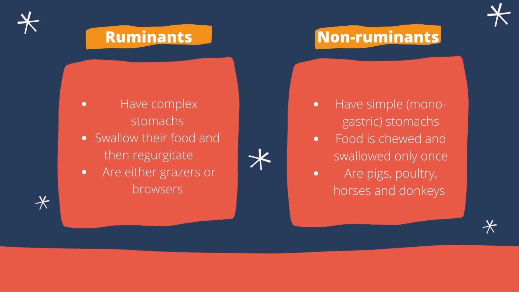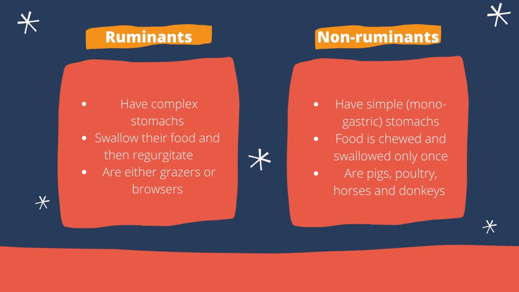They are animals which eat grass and other small, low growing plants. Animals which eat low growing plants are called grazers. They can also be browsers, such as goats. These animals prefer leaves from bushes and trees, so they eat high growing plants.